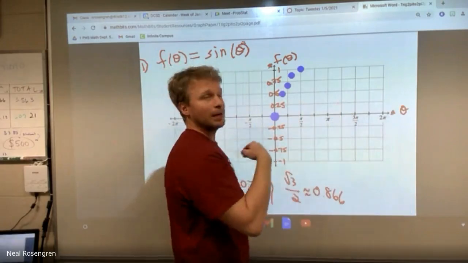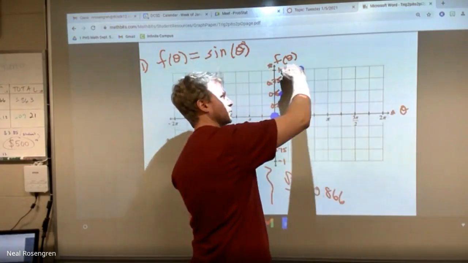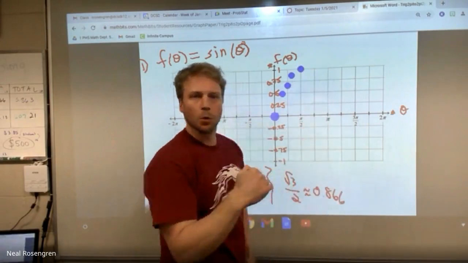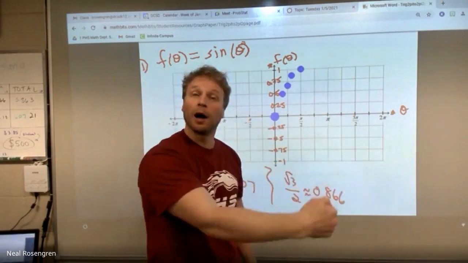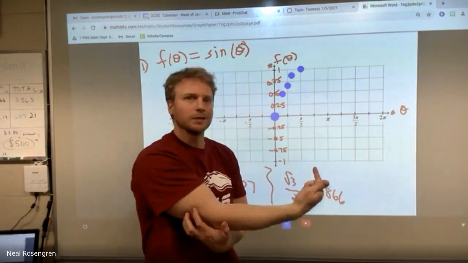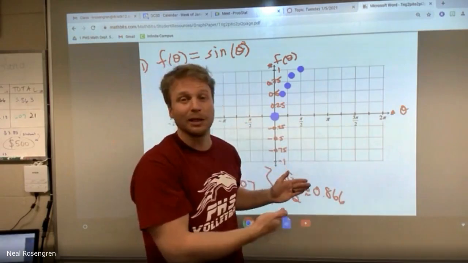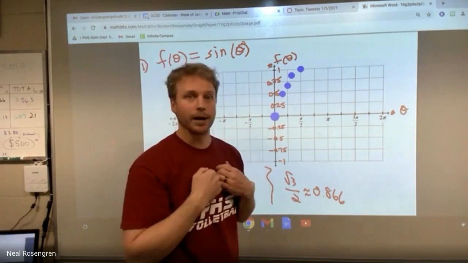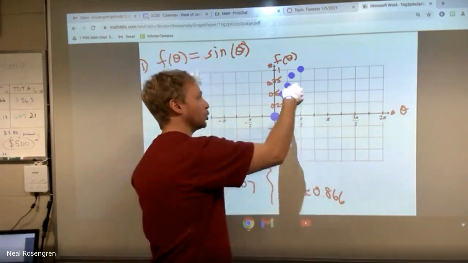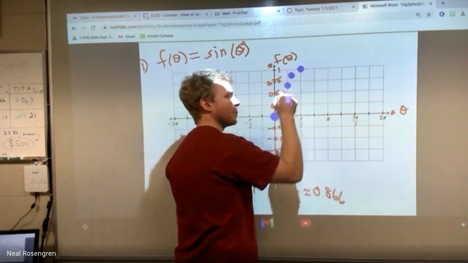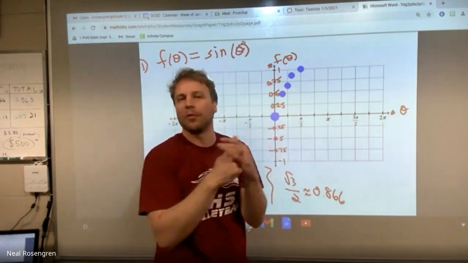So for me, my 0.866 spot lines up right there. So when I get to that 2 pi over 3 spot, that 120 degrees, and I see the same y value, I know I didn't plot it perfectly here, but wherever I plotted it and wherever you plotted it, go straight across, and that's the height that you want that next point to be at.